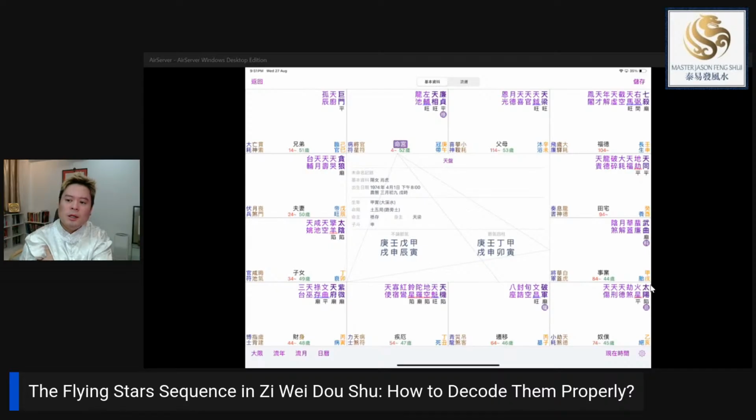Subsequently, we see that within the associates domain is 太阳 at a dark position, seeing a negativity enhancer star called 化忌. If you remember my teaching before, this siblings domain, which is two domains away from the parents domain, actually represents the mother.